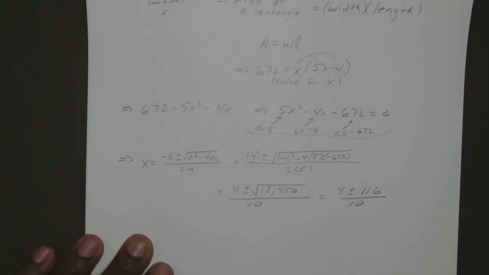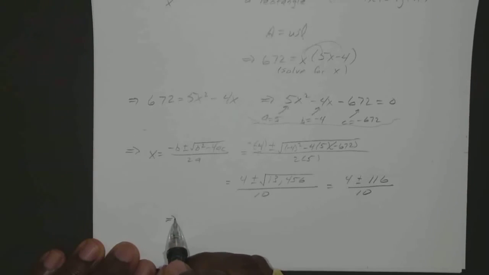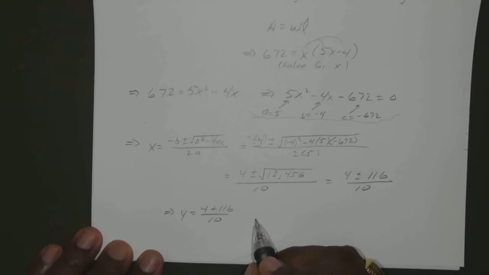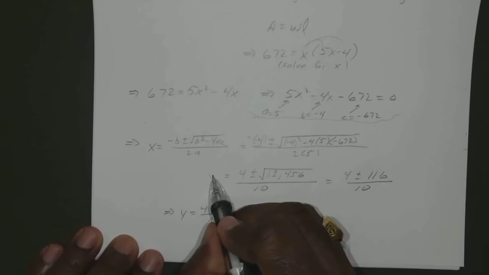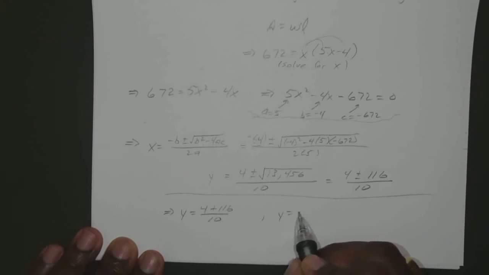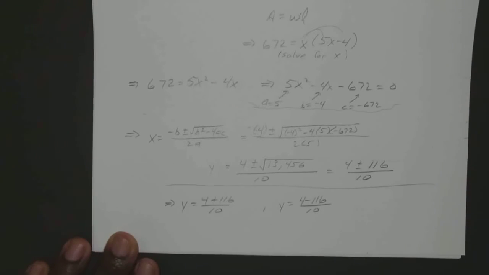Okay, so that means that x can equal 4 plus 116 over 10, or it can equal 4 minus 116 over 10.